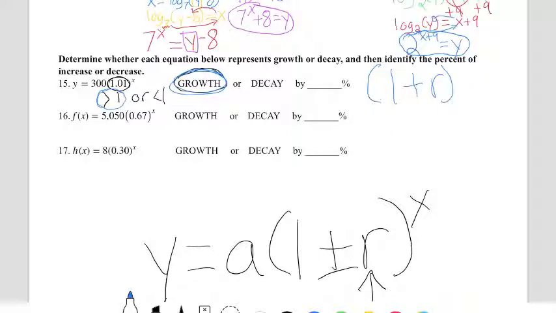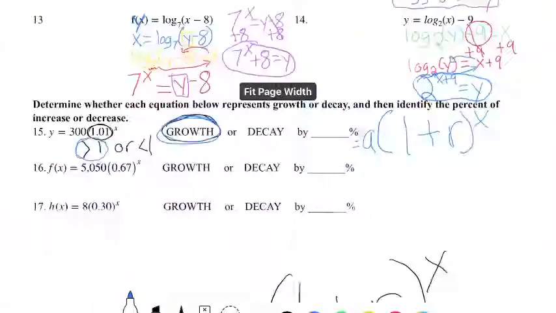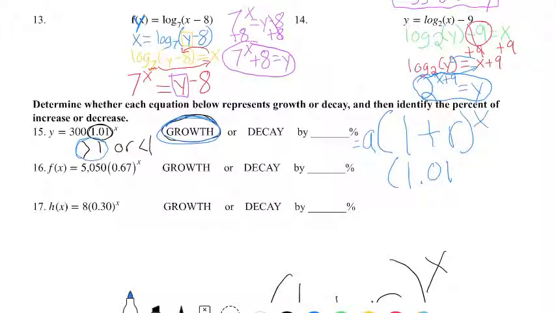Our r, x, and if you really need that a there, you can. So to get 1.01 in the parentheses, what would we have to add to 1 to get that? Another way to look at it is if you have $1 and you want to have $1.01, how many cents do you have to add to that dollar?